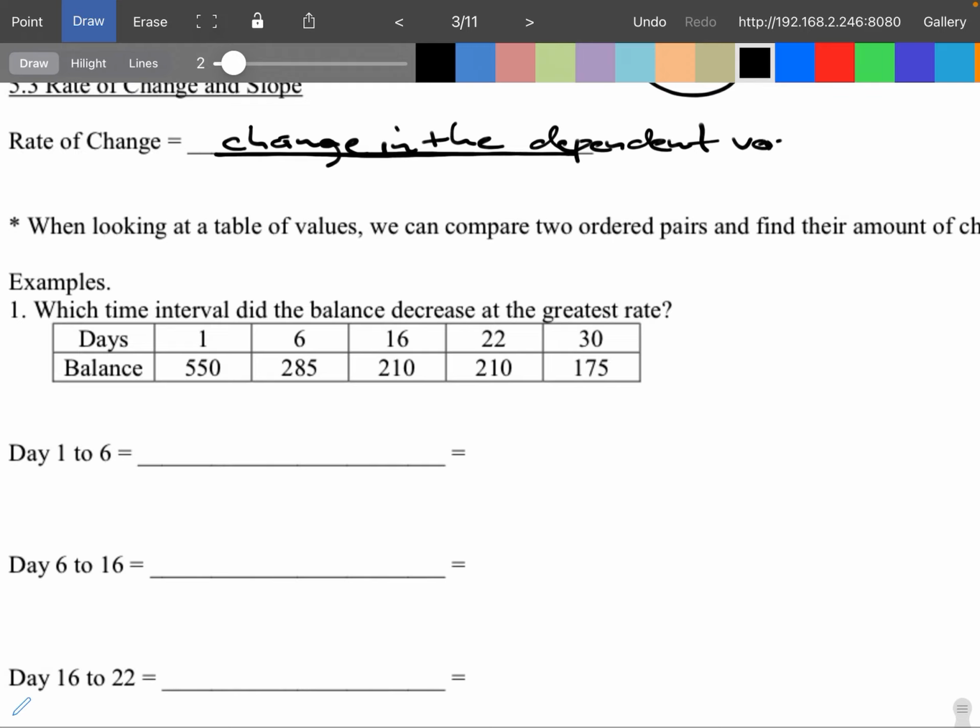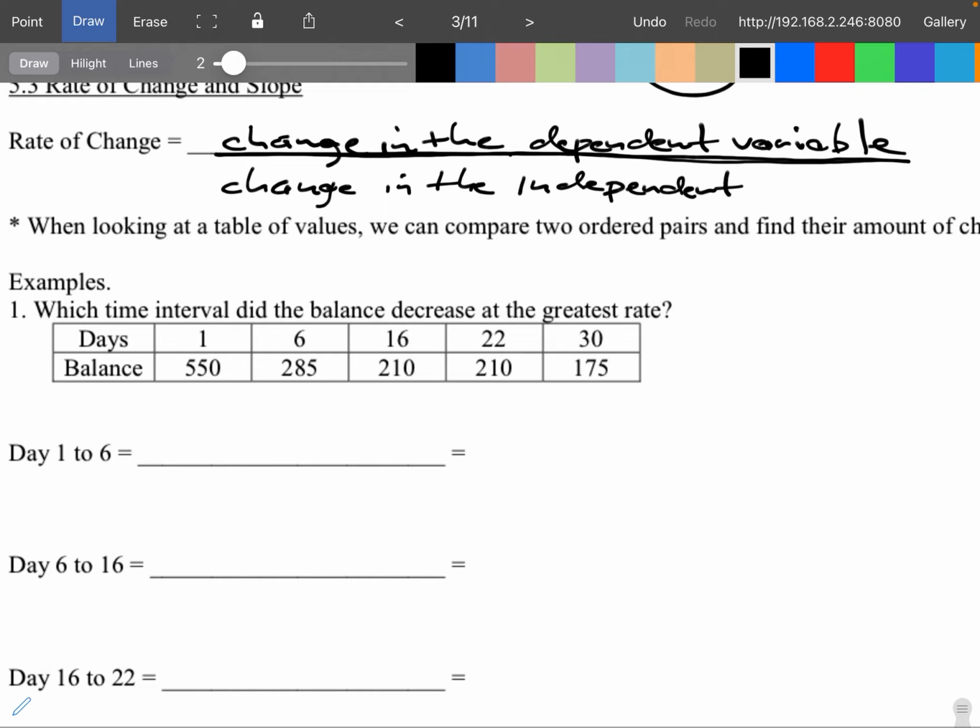It's going to be the change in the dependent variable, and that's going to be divided by the change in the independent variable.